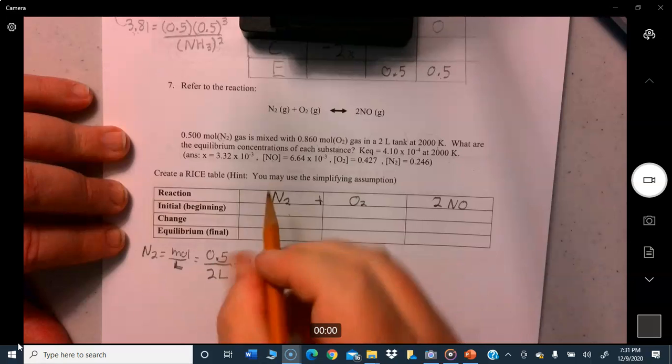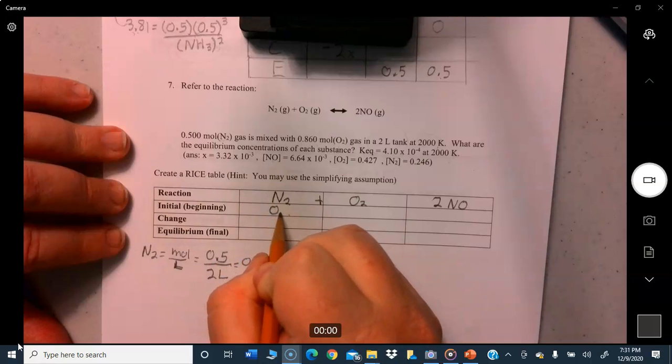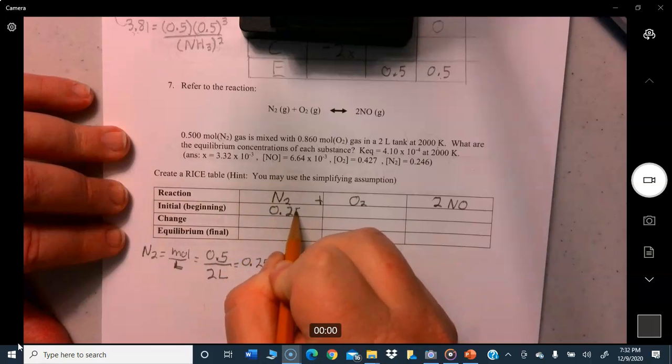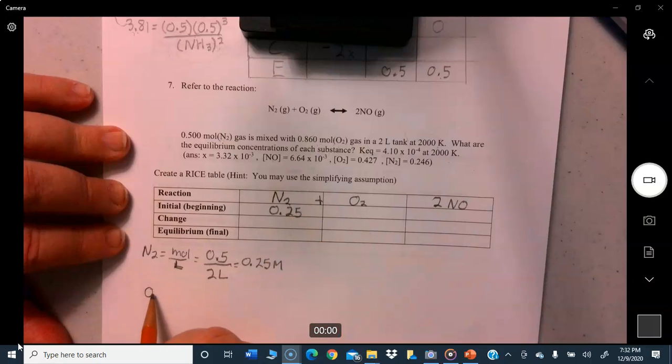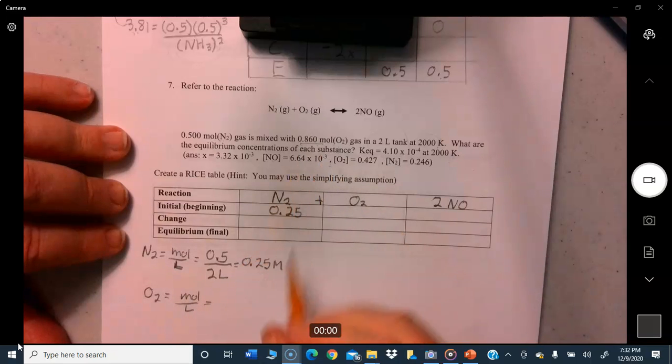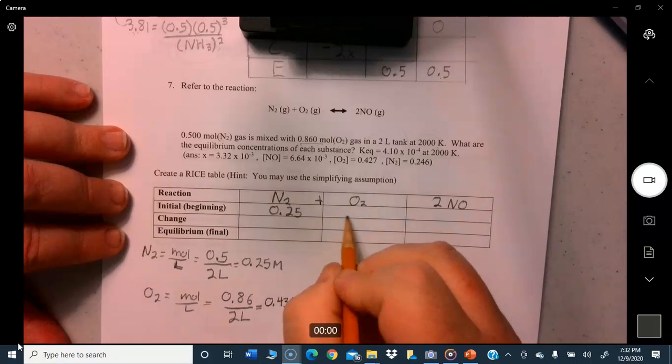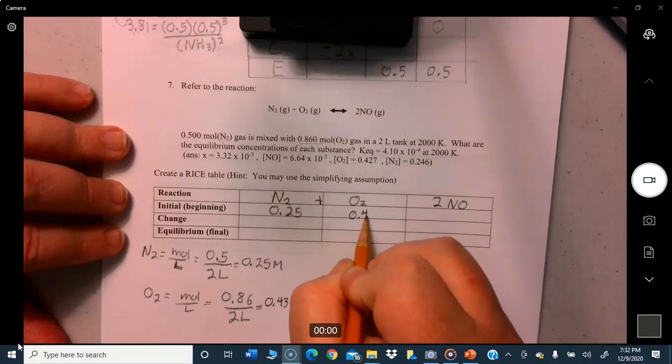So that's the initial concentration for N2. For O2 it says it's 0.86 moles, so that initial concentration is 0.43.